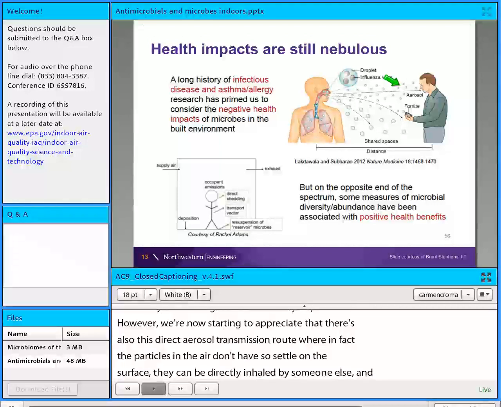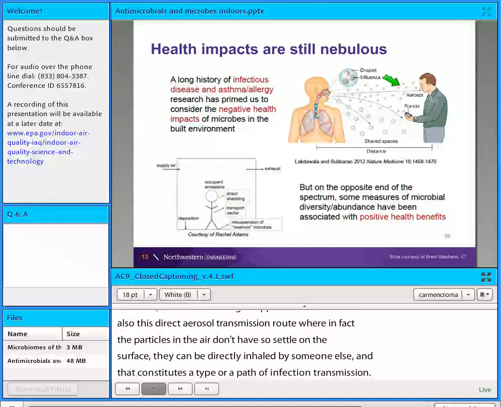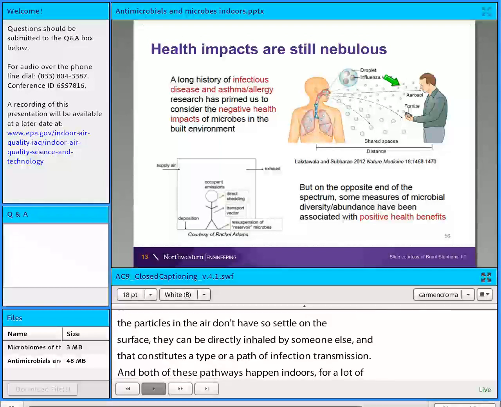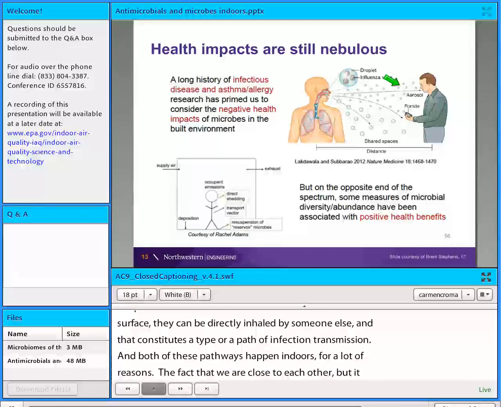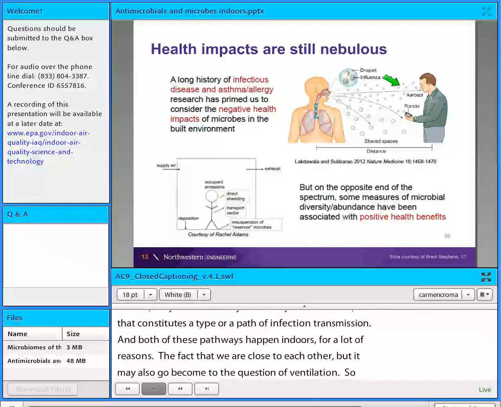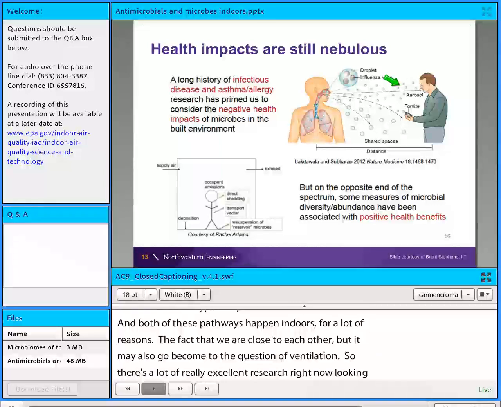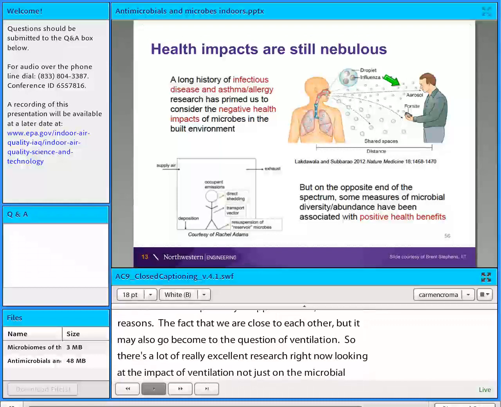And both of these pathways happen indoors for a lot of reasons, one of which might be just the fact that we're close to each other when we're indoors. But it also might go back to that question of ventilation. And so there's a lot of really excellent research right now looking at the impact of ventilation, not just on the microbial communities that are indoors, but also in trying to mitigate the spread of infectious disease indoors.